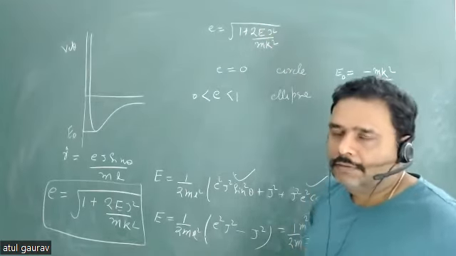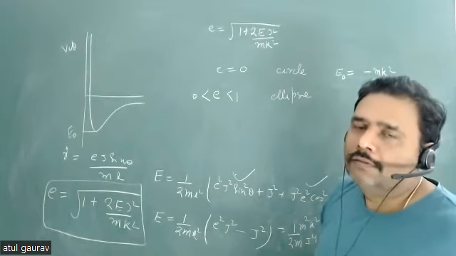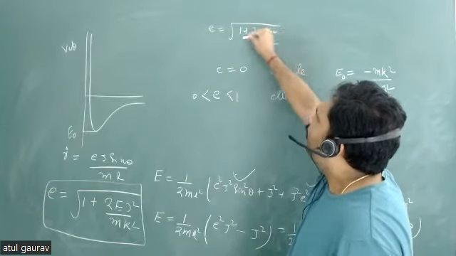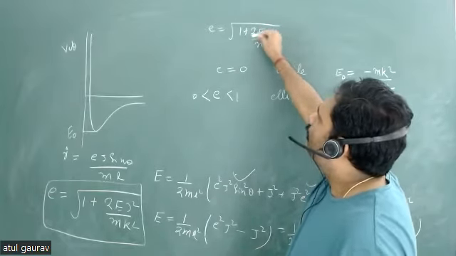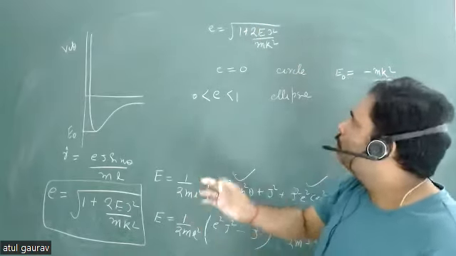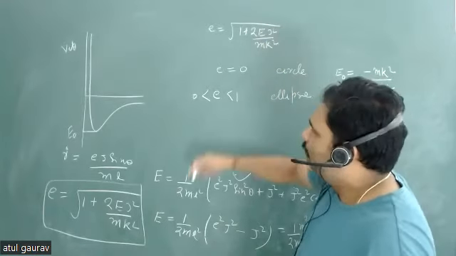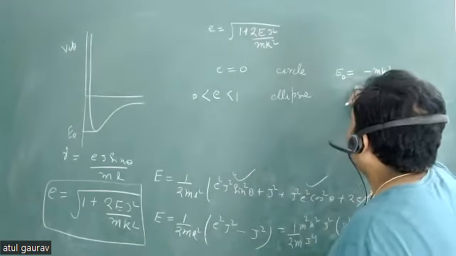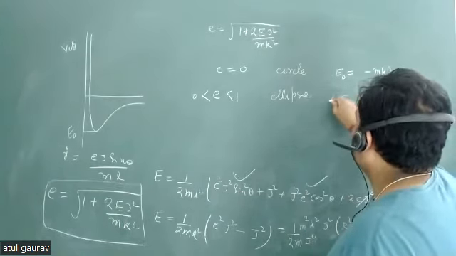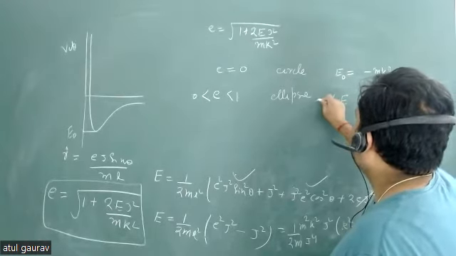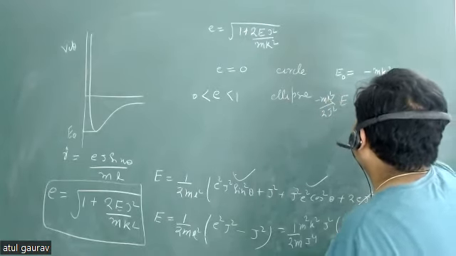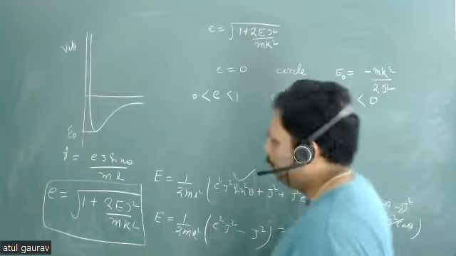Yes or no? But along with being negative, it should not become so small that 1 minus something is imaginary. That should not happen. So there is a fixed value. What should be the minimum value of E? The minimum value of E is this one. You always have more energy than this one. So your energy E must be between minus mk square by 2j square and 0, and you have an elliptical orbit.